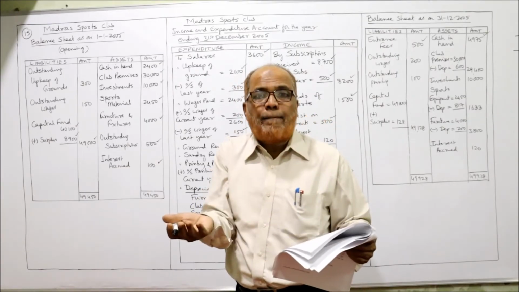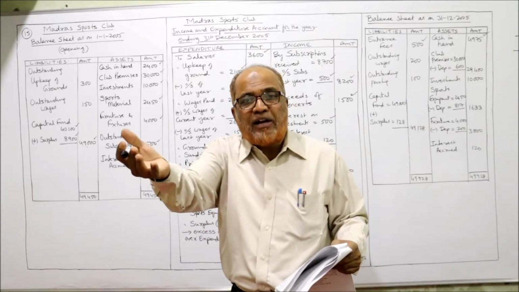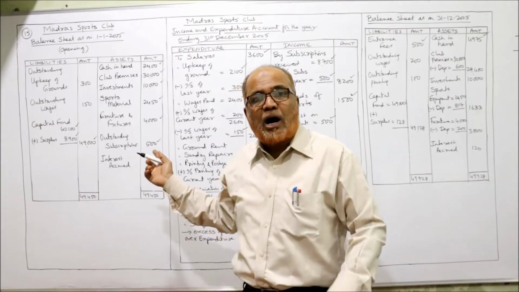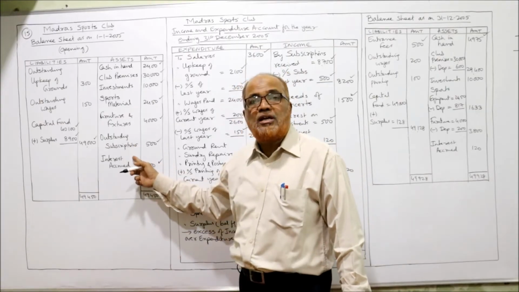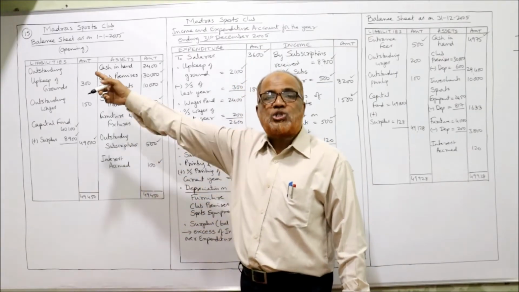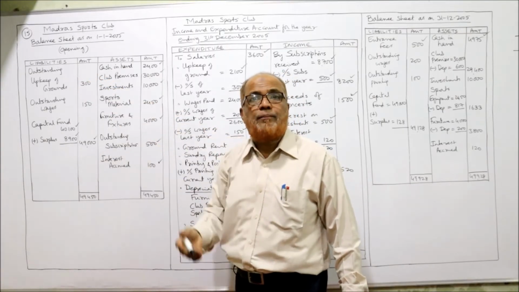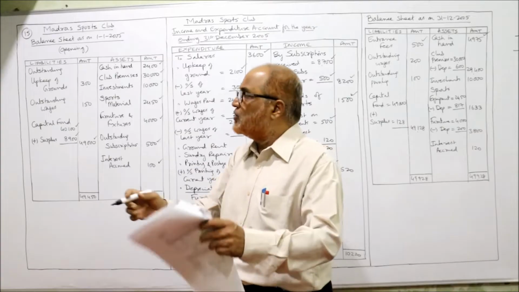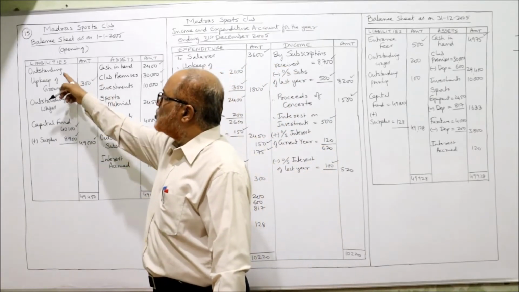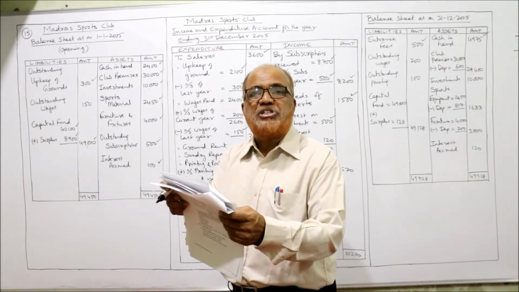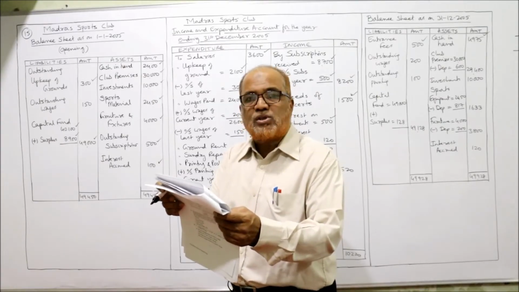That is a liability. Outstanding expenditure is a liability. Outstanding income is an asset. So outstanding subscription is an income. Outstanding upkeep of ground is a liability because it is payable. So last year upkeep of ground 300. The outstanding upkeep of ground 300. Next D point. D point is regarding wages. Wages paid are 2,400.